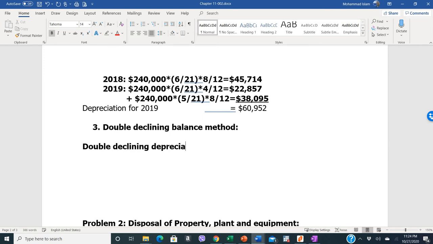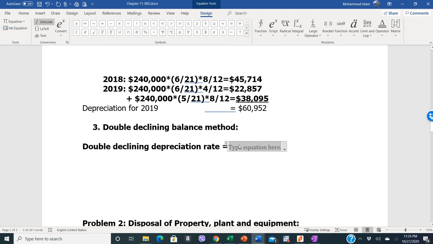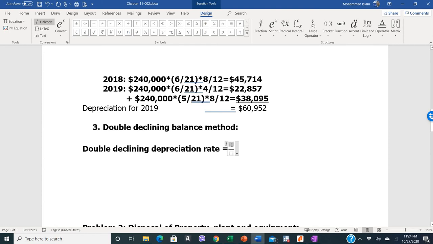The double declining depreciation rate would be equal to the straight line rate, which is 1 over 6, multiplied by 2, which is equal to 1 over 3, correct?